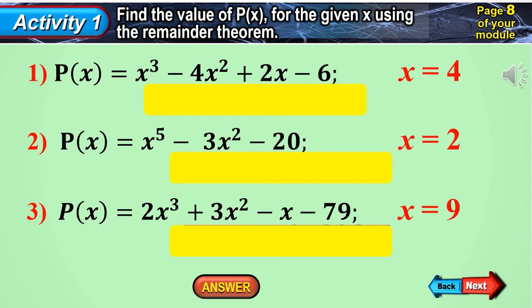Let's have some activity. Activity number 1. Find the value of p of x for the given x using the remainder theorem. So number 1, p of x is equal to x cubed minus 4x squared plus 2x minus 6. Our x is equal to 4.